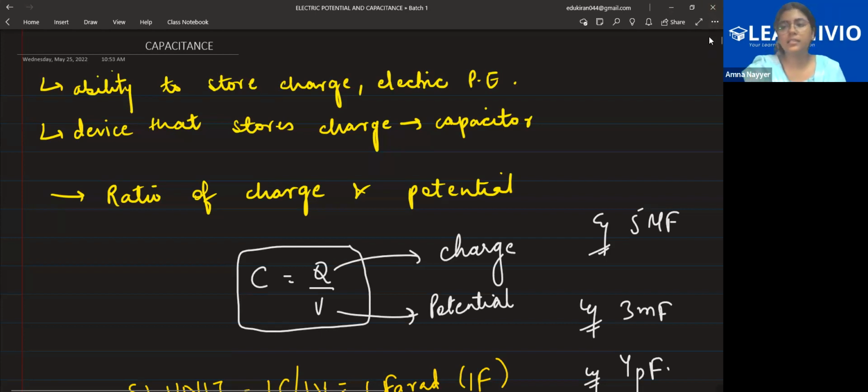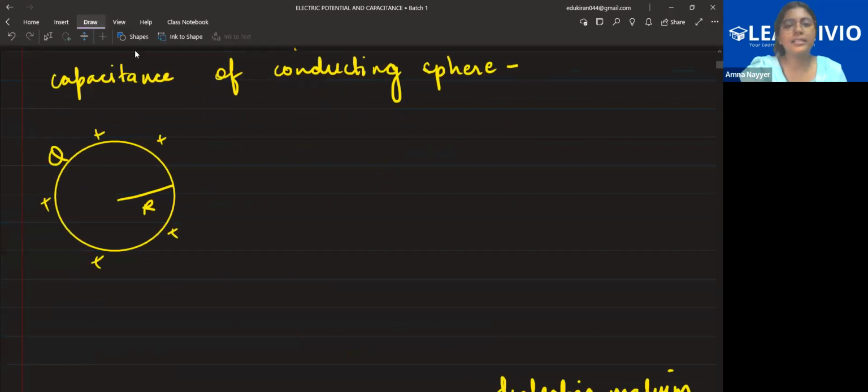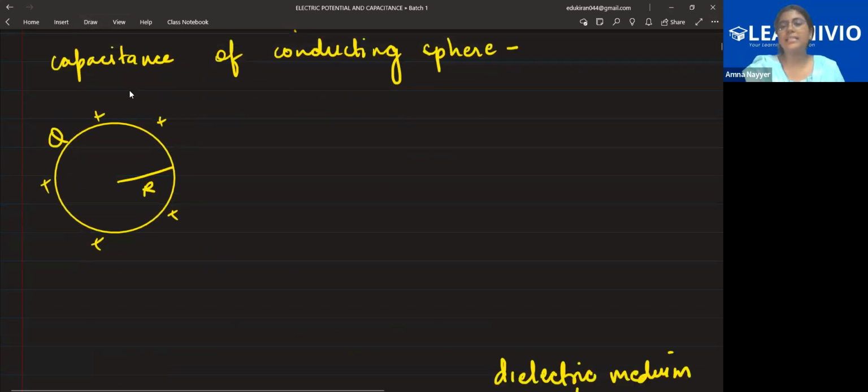Now, one thing we didn't discuss: what is the capacitance of a conducting sphere? If you have a conducting sphere, there's a different formula for it. For a conducting sphere, you should know the potential of a sphere. The potential of a sphere is kq divided by r.